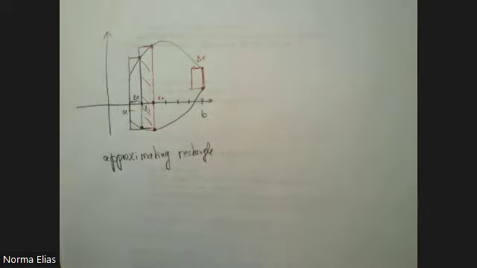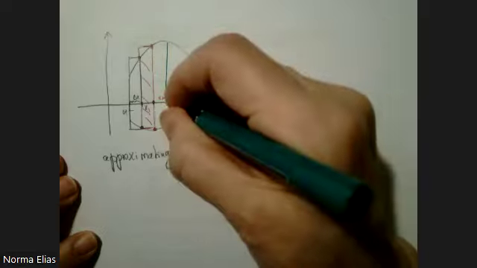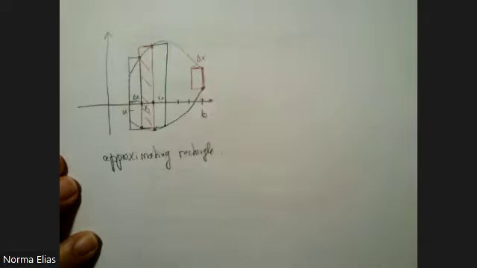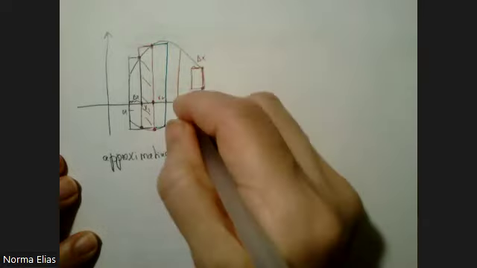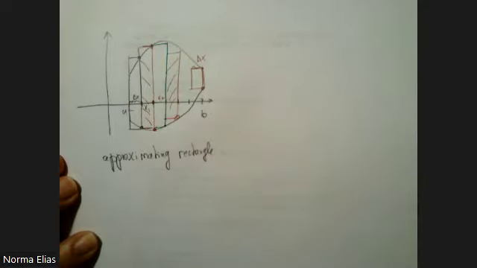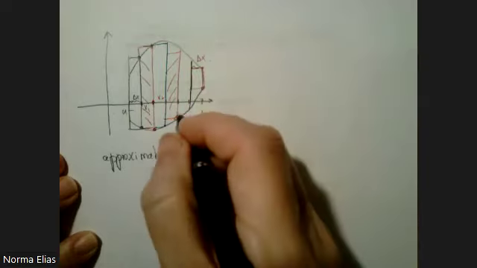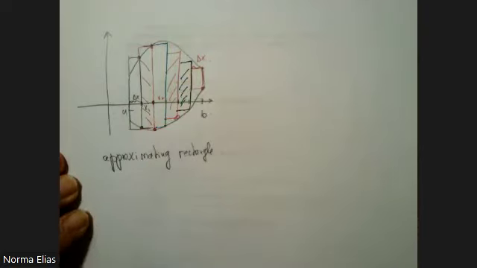And now I will find the area of every one of them. I think the picture is clear: from the bottom to the top. This is what I will be doing again and again. Bottom to top. Now we are going to find the area of each one of them.